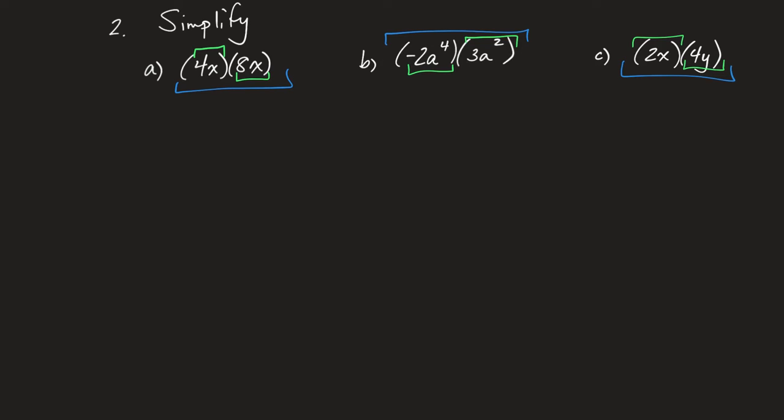Okay, even with the green and the blue underlines, we should be able to tackle each one of these problems. Let's focus in on A. Question A says take 4x and multiply it by 8x. So we need to take that monomial and multiply it by another monomial. I want to give you a bit of a process to work through that. I wouldn't necessarily call it an algorithm, but it could be.